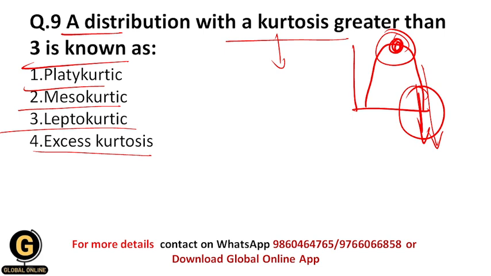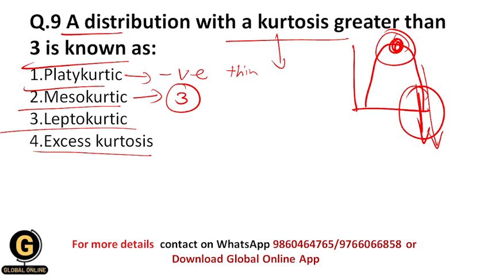Whenever there is a platykurtic data distribution, the kurtosis value is negative, and the tails are thin, thinner than the normal distribution. Whenever there is a mesokurtic distribution, the value of kurtosis will be equal to 3.